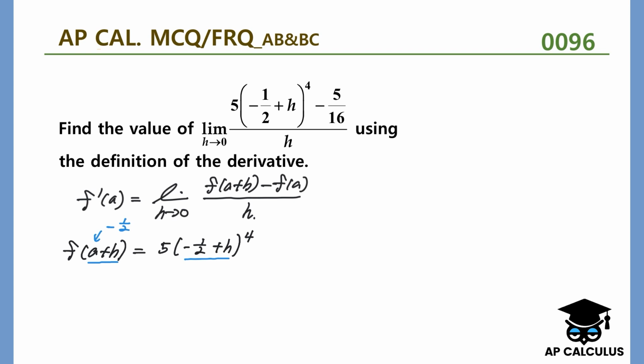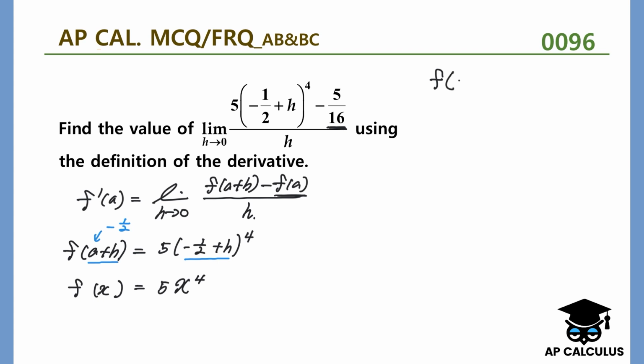Then what is our function f of x? Instead of this expression right here, I substituted x for this, so f of x is going to be equal to 5 times x to the power of 4, right? What about this expression right here, 5 over 16? Well, 5 over 16 has to be f of a, right? And we know that a is negative 1 over 2.